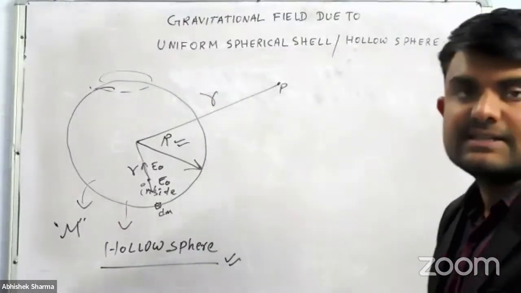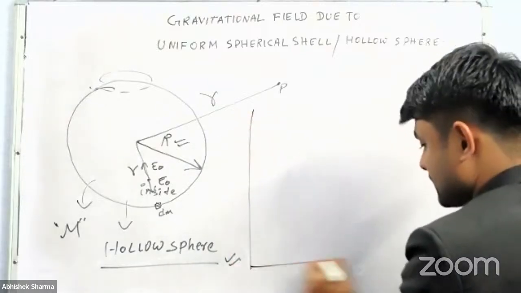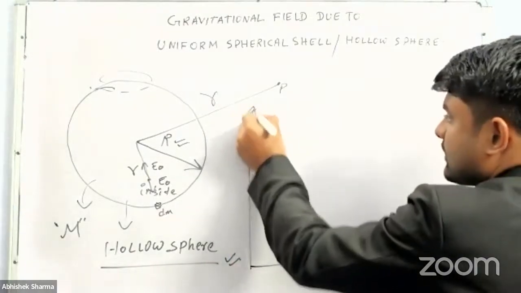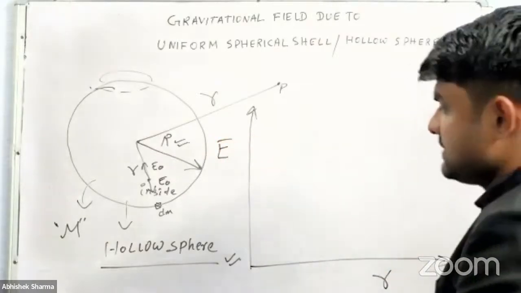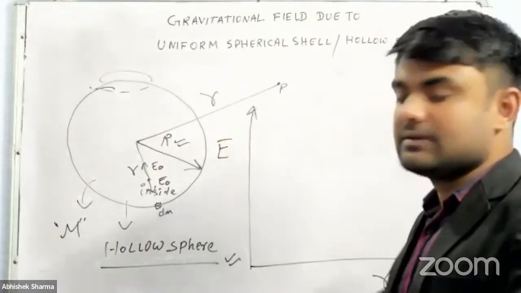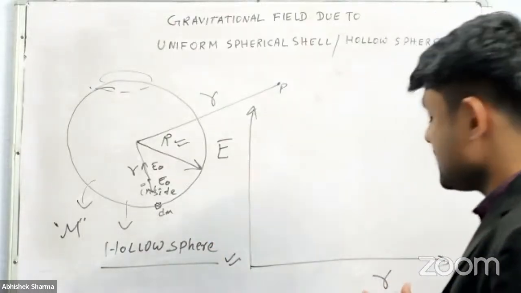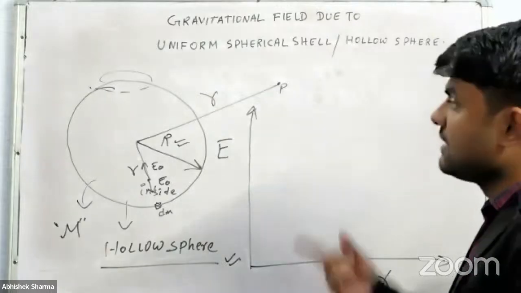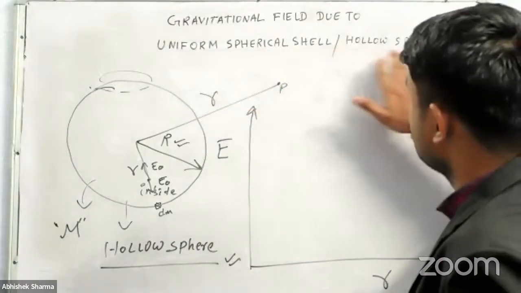Now we'll see the graphs. See viewers, this is gravitational field intensity E. This is R, which is the radial distance from the center. And this graph which we are drawing is for the uniform spherical shell, hollow sphere.